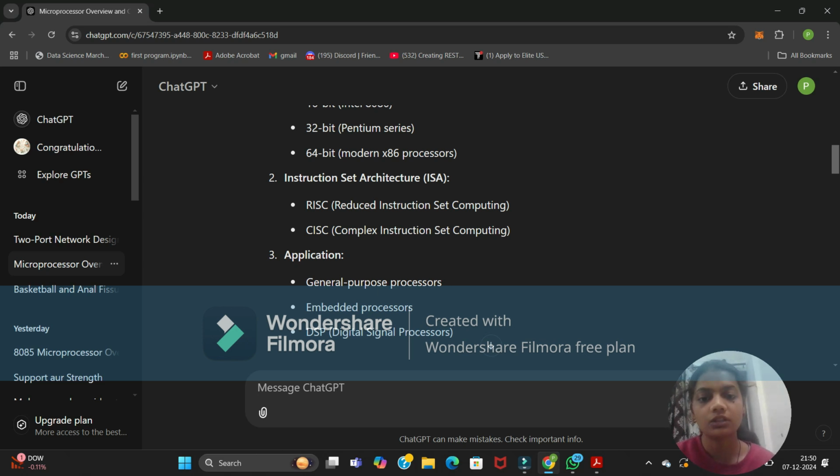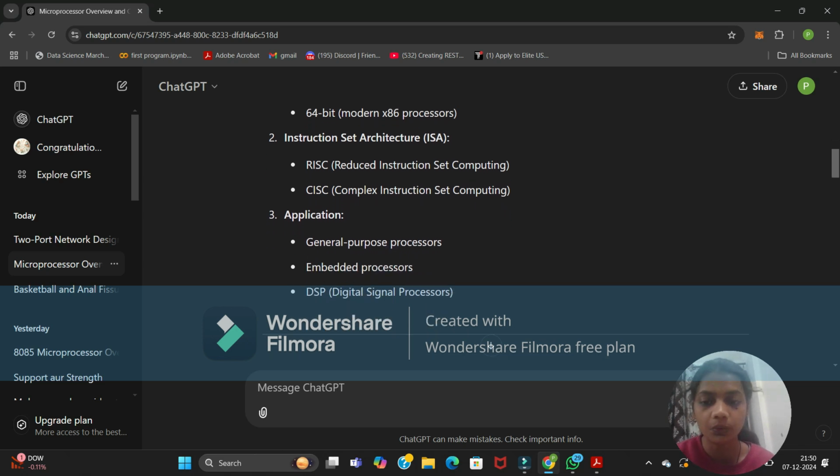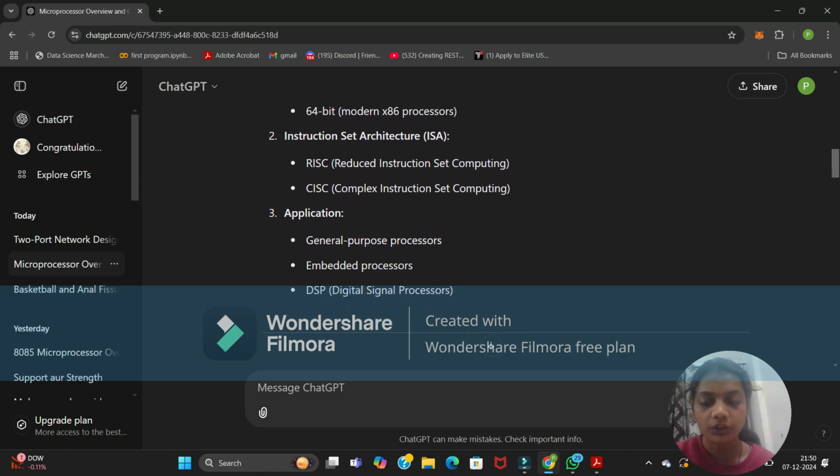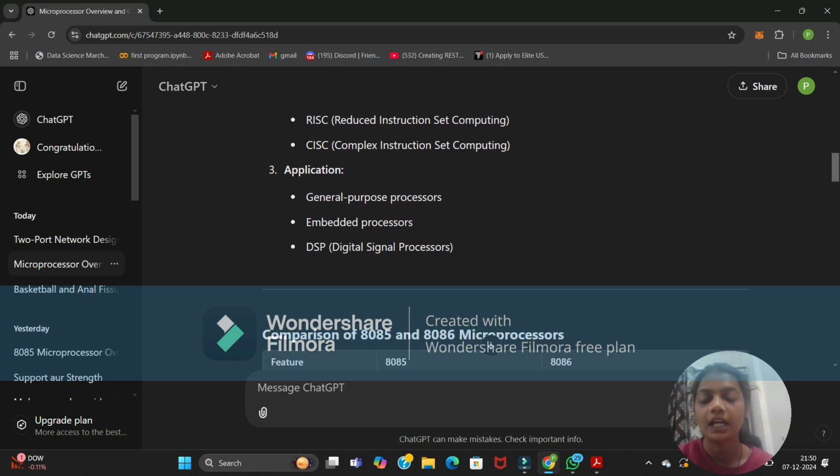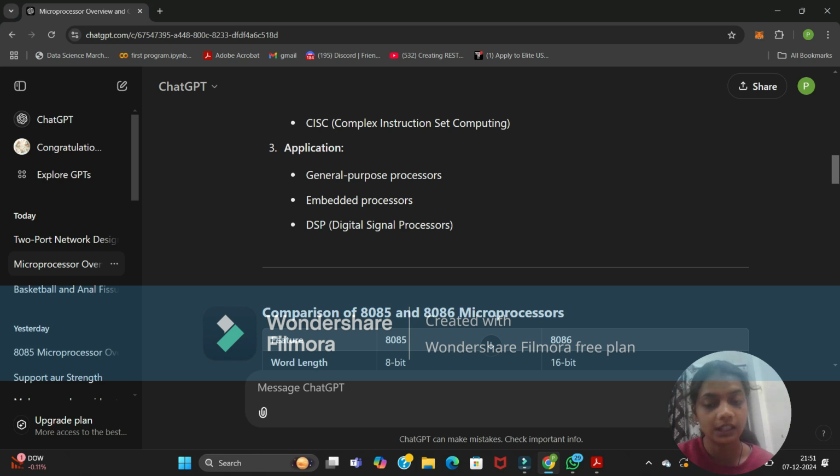RISC is reduced instruction set computing and CISC is complex instruction set computing. Let's move ahead, we should not waste time discussing these things. Now, applications: general purpose processors, embedded processors, and DSP, digital signal processors. These are the applications of microprocessor.